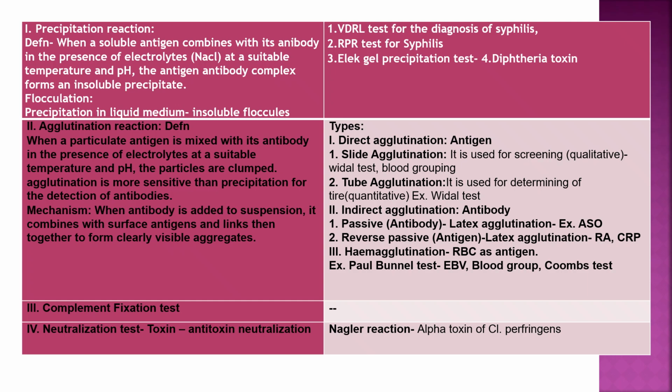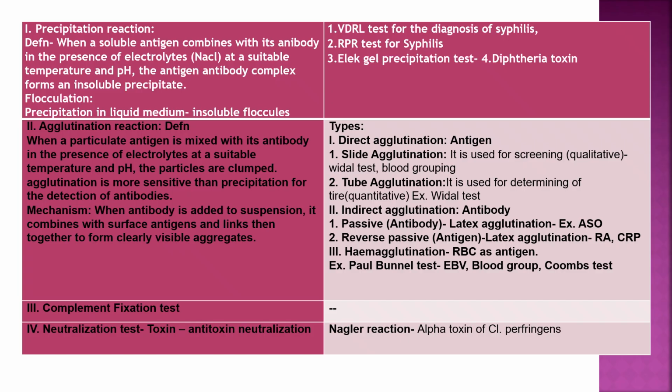Indirect agglutination is detection of antibody. Passive: antibody detection, latex agglutination, example ASO. Reverse passive: antigen detection, latex agglutination method. Hemagglutination: RBC is used as an antigen, example Paul-Bunnell test for Epstein-Barr virus detection, blood group tests.